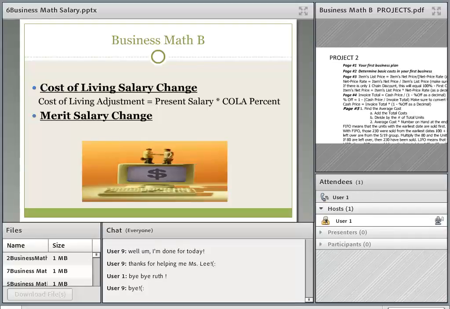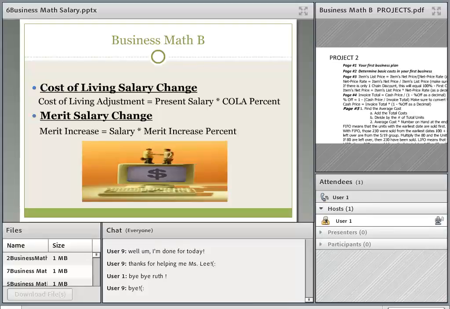We use a lot of percents in business. The COLA percent is actually determined by the business owners themselves. It's based primarily on economic factors, and it's also based on the company's profits for that period of time.